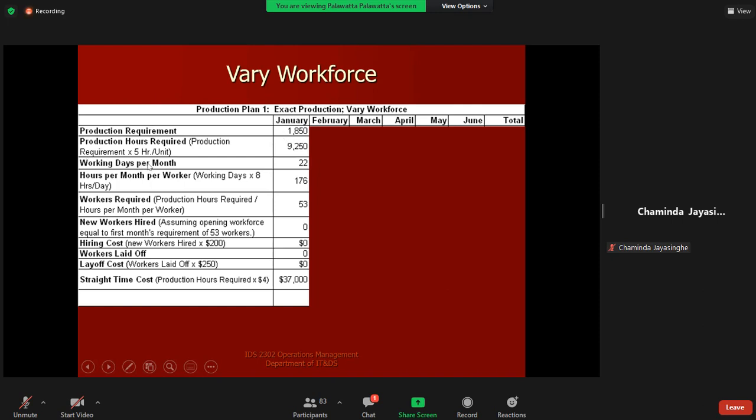And in January, you have 22 days per month. Hours per month per worker: working days is 22, and 8 hours in the day. So 22 multiplied by 8, you get 176 hours per month per worker. And then workers required: you divide the production hours required by the number of hours available. So then you get 53.